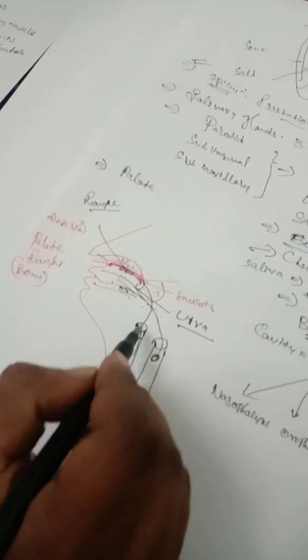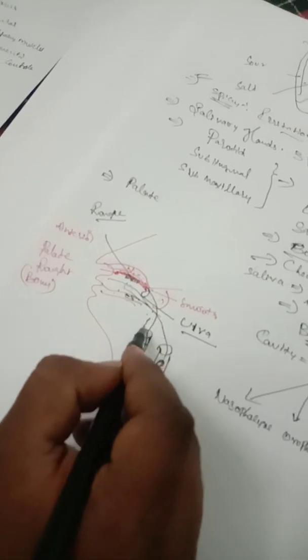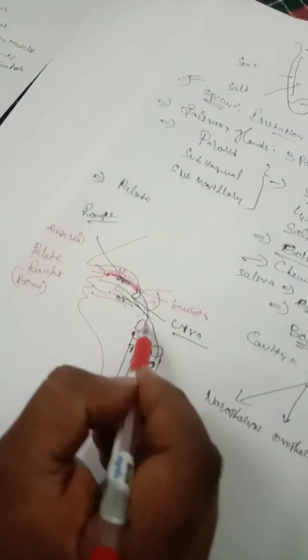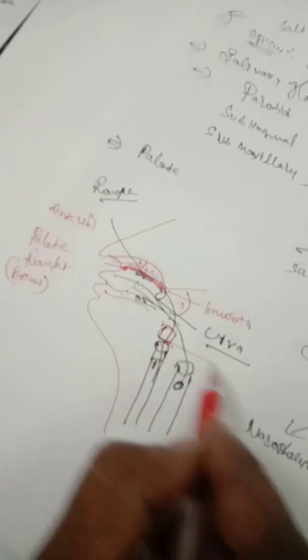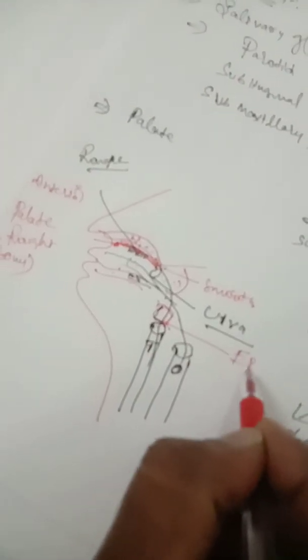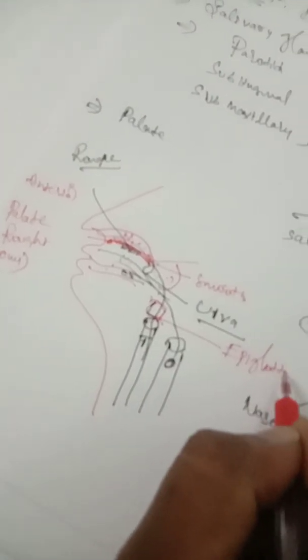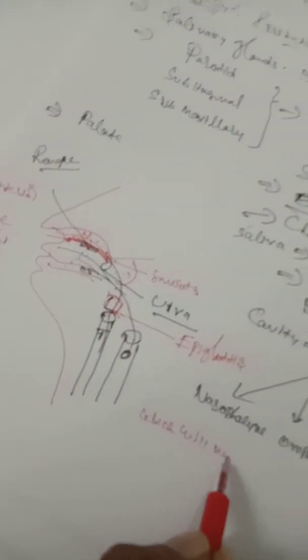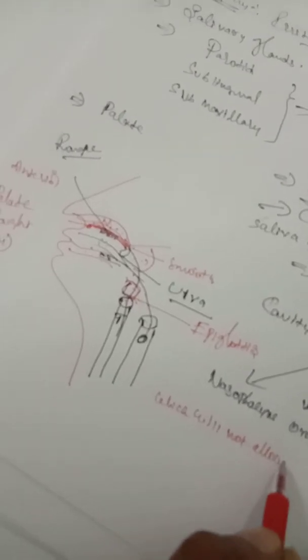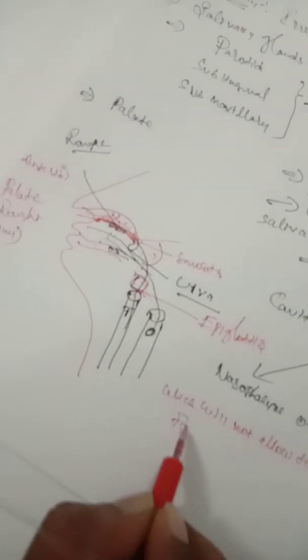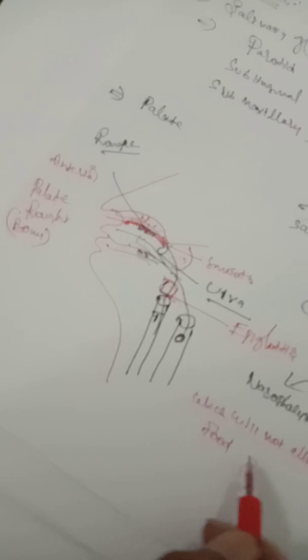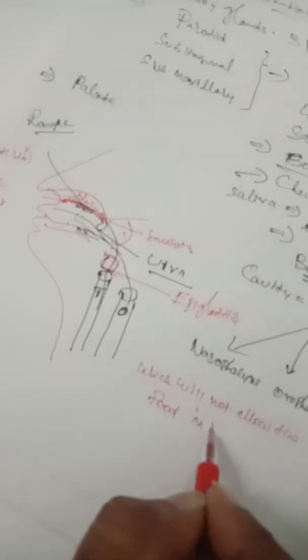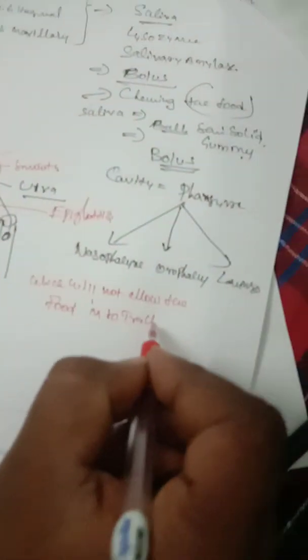Even though the food passes near the trachea, a flap-like structure called the epiglottis does not allow the food into the trachea.